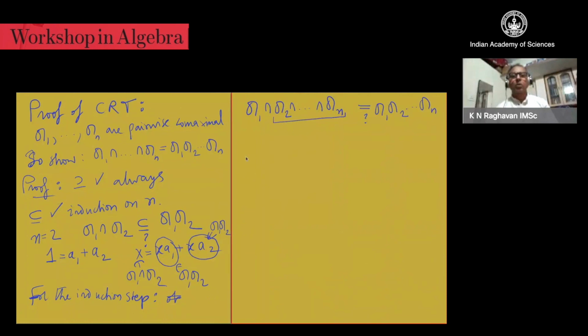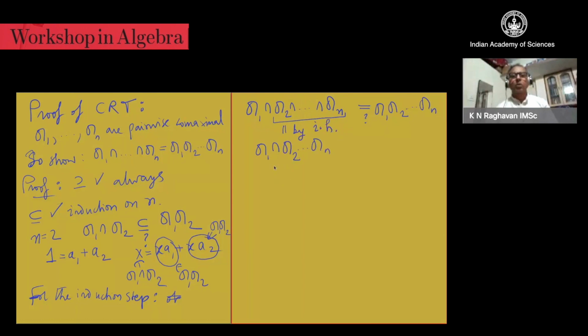Now by the induction hypothesis, this intersection is the product, because this is one less number of ideals. So this will be A2 through AN by the induction hypothesis. Let me just write it as IH.